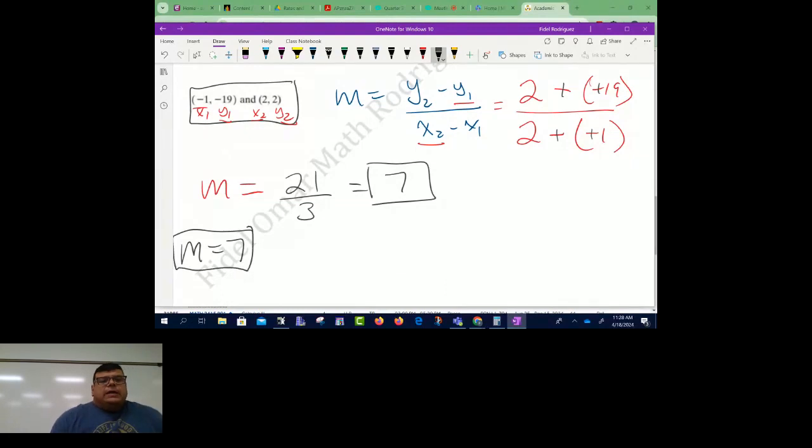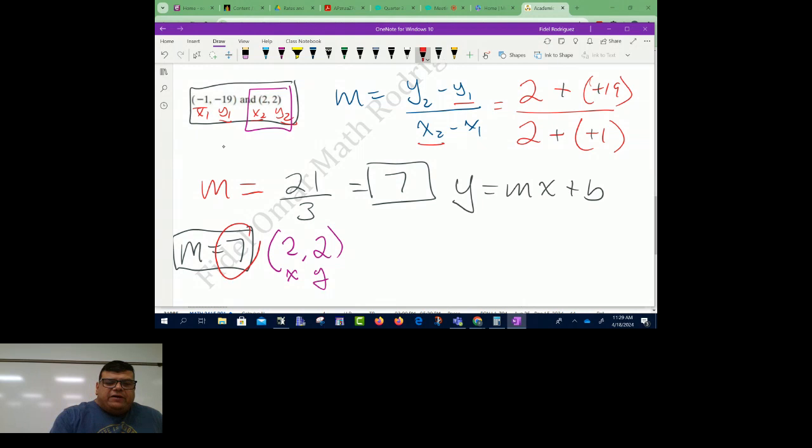Now, we have 2 points here. We can use either one of those 2 points. I'm going to use this point just because those numbers are small and pretty easy breezy type numbers, right? So remember my equation looks like this, y equals mx plus b, and we just found a number for m, and we know a number for x, and we know a number for y.